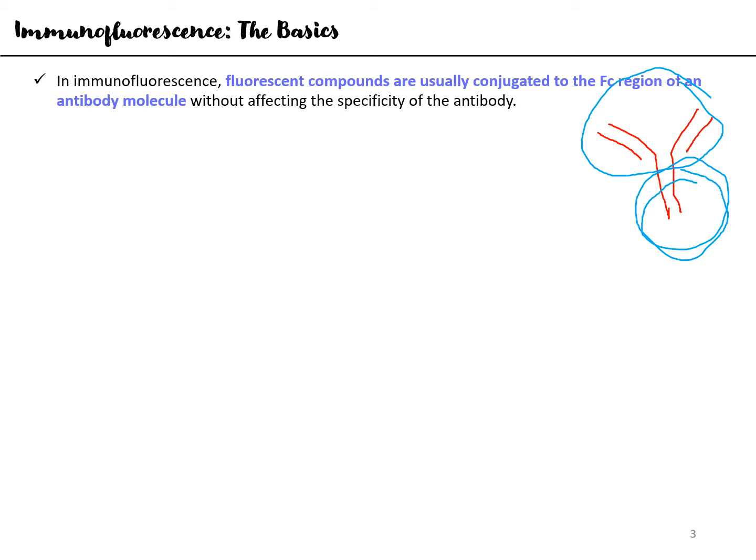So the fluorescent compound is usually conjugated to this Fc part of an antibody molecule, and because it is the Fab portions of the antibody molecule that are responsible for the specificity with which an antibody recognizes its specific antigen, conjugation of the fluorescent compound to this antibody will not affect its specificity, because your fluorescent compound, depicted with a different color, will be conjugated somewhere over here, and because the complementarity determining regions or CDRs are over here, they can still recognize the specific epitope on the antigen, and this fluorescent molecule will not pose any steric hindrance to this recognition.